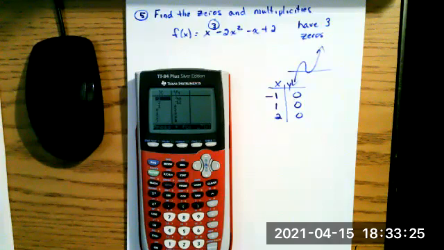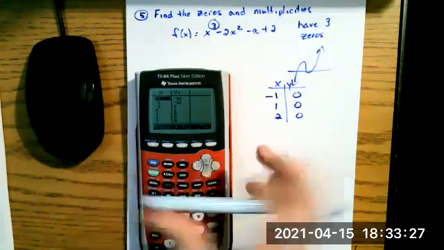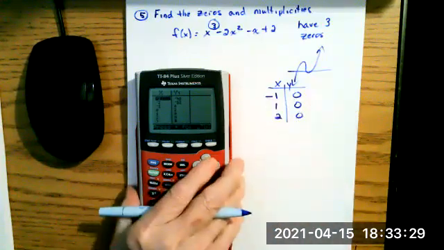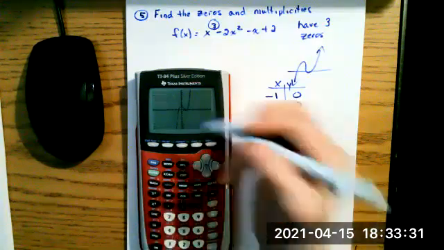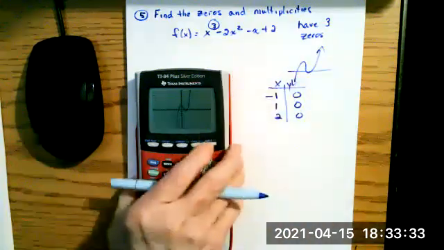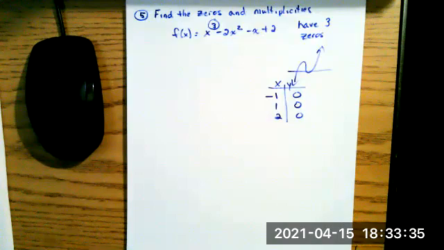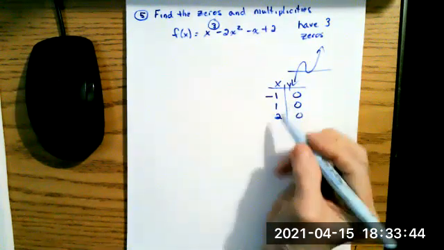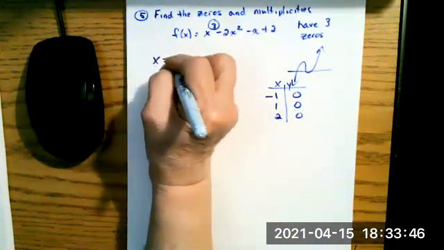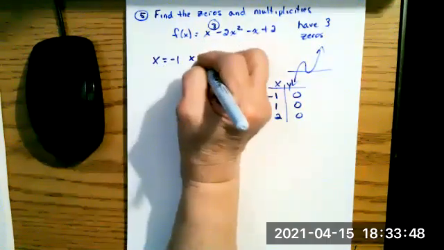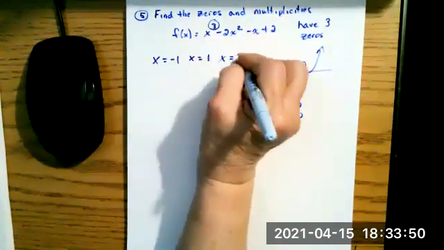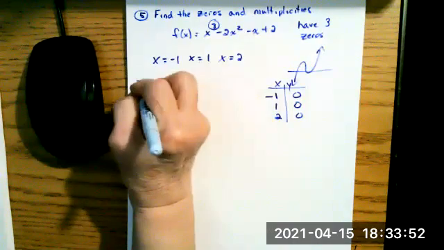All right. So I don't have to do any more work. There's 3 zeros, so they're all multiplicity of 1. Notice how the graph goes through at those points, crosses across. So I already have them. So don't try to do synthetic. Don't try to break it down to quadratic and use the quadratic formula. You've got your 3 zeros right there. X equals -1, x equals 1, x equals 2. So fill in the blank then.